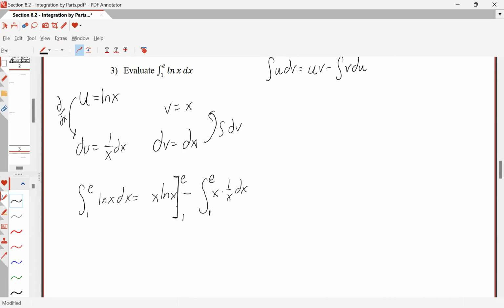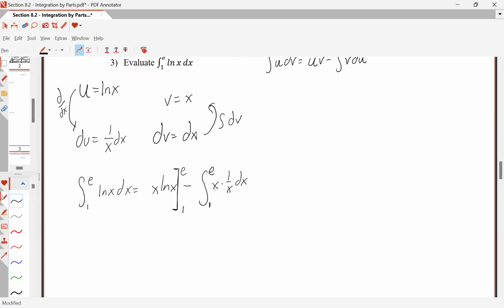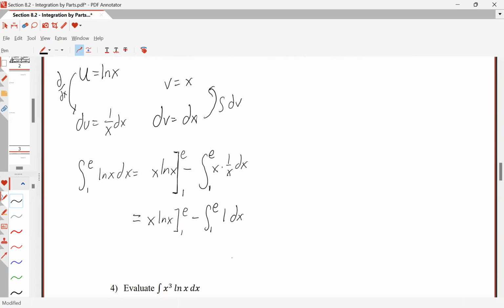I'm going to save it till the end. Now, that means we have x ln of x evaluated from 1 to e minus x times 1 over x is just 1, so we will have the integral of 1 dx.